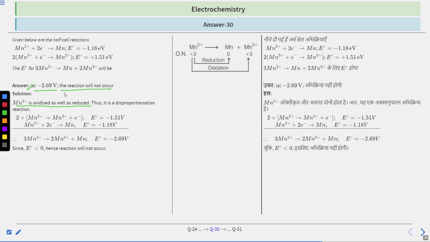And how do we get it from the given two reactions? So the first reaction, we multiply it by 2. So Mn2+ giving us Mn3+ plus electron, and we multiply it by 2. We basically reverse the second reaction given in the question. So Mn2+ comes on the reactant side and Mn3+ plus electron comes on the product side, and we multiply it by 2.